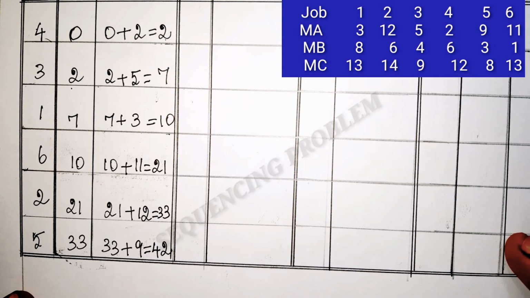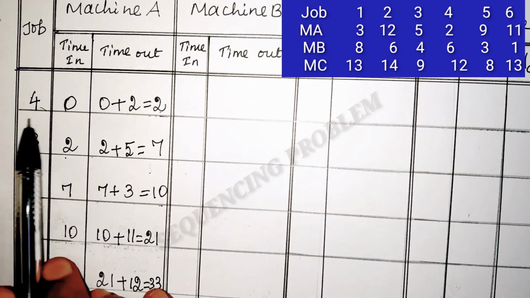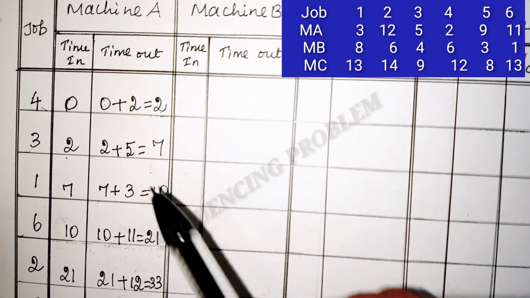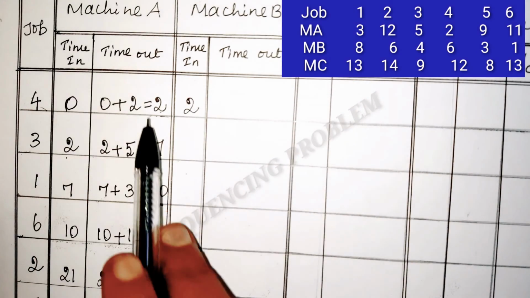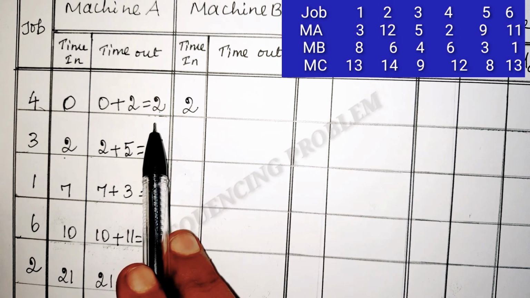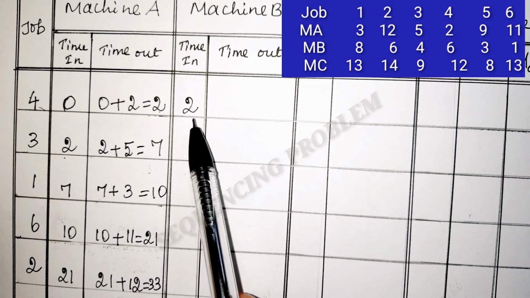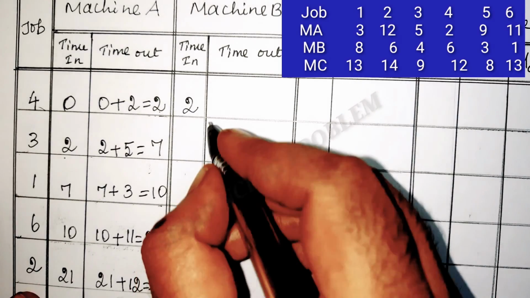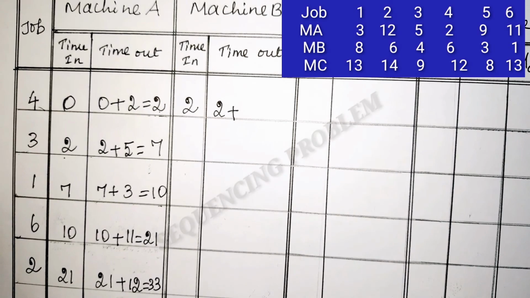Next we move on to machine B. For machine B, the 4th job starts at 2 because the 4th job completes in machine A only at the 2nd hour. So on the second machine, the processing starts at the 2nd hour only. The time out is 2 plus processing time for job 4 on machine B, which is 6.